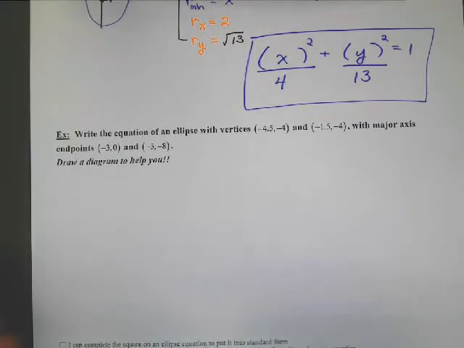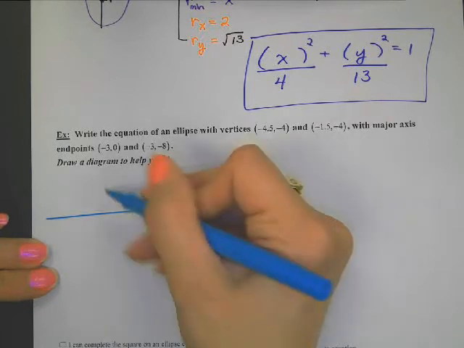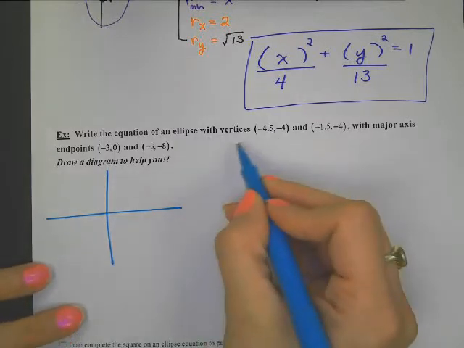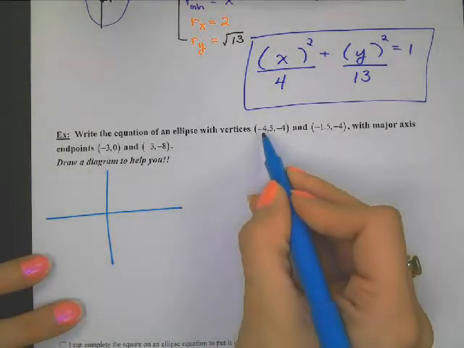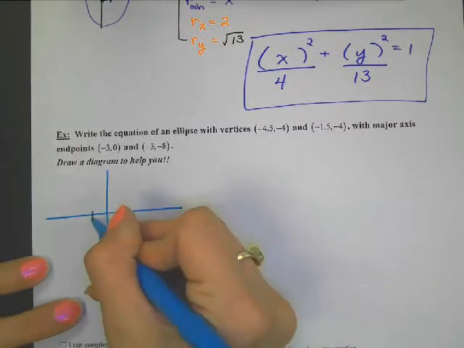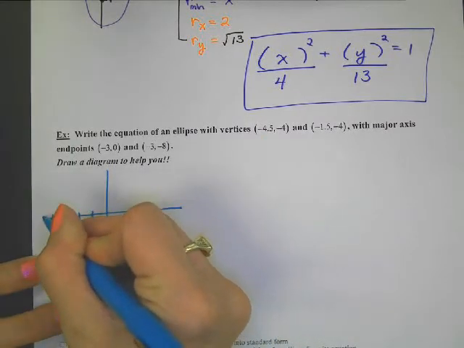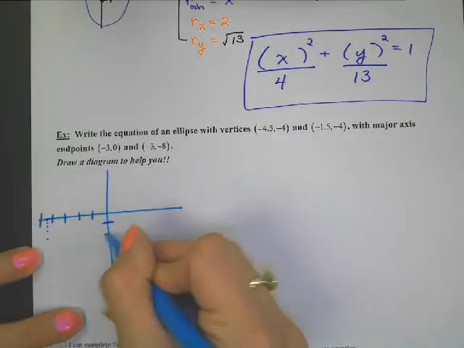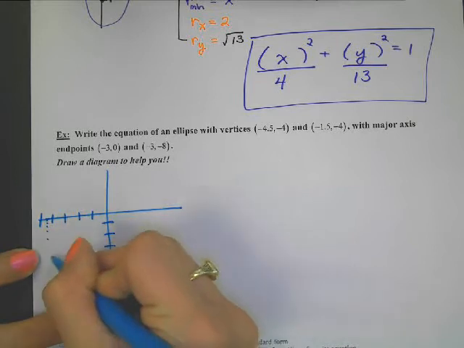Okay, let's draw this again. A diagram of the story will help get some of the information going. Sometimes one fact, looking at the picture, can give you 3 bits of information. So the vertices are negative 4.5, negative 4.